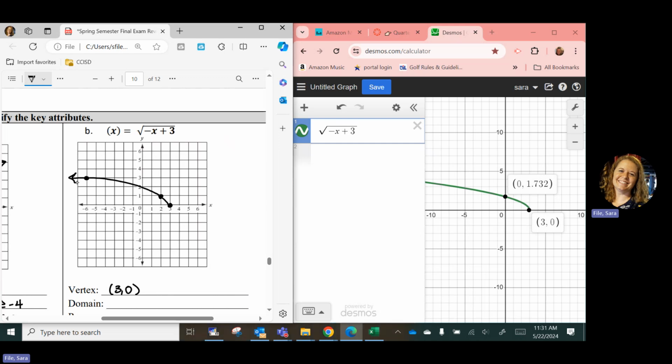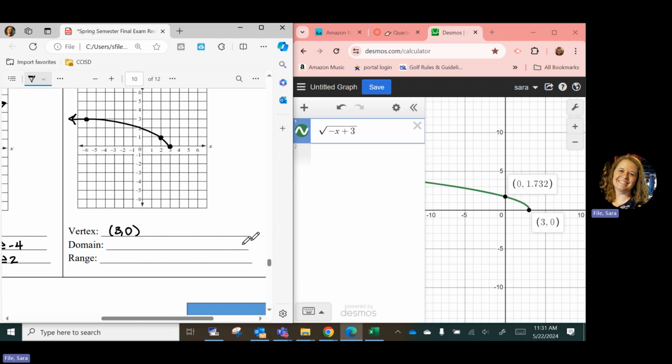And then I could answer the domain and range questions because I can see it comes from the left. It goes left forever, so that's negative infinity. And then the furthest right it goes is 3, including the 3. So you could write that as negative infinity to 3 with a bracket on the 3, or you could write that as x is everything less than or equal to 3.